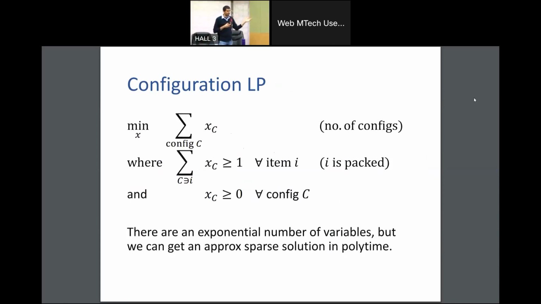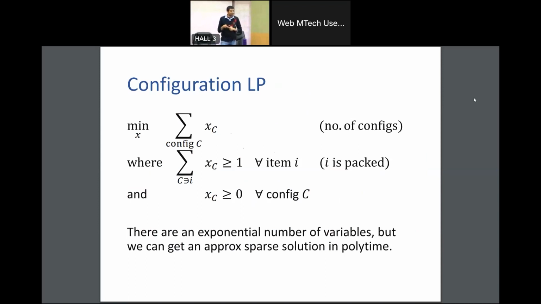So this is an LP formulation for this problem, which looks very similar to a set cover LP. Here the variable xc is 1 if we pack the configuration C and 0 otherwise. The objective value is the total number of configurations that we use, and the constraints say that we sum over all configurations that contain an item I, and the sum of all of those should be greater than or equal to 1, which means that item I is packed.